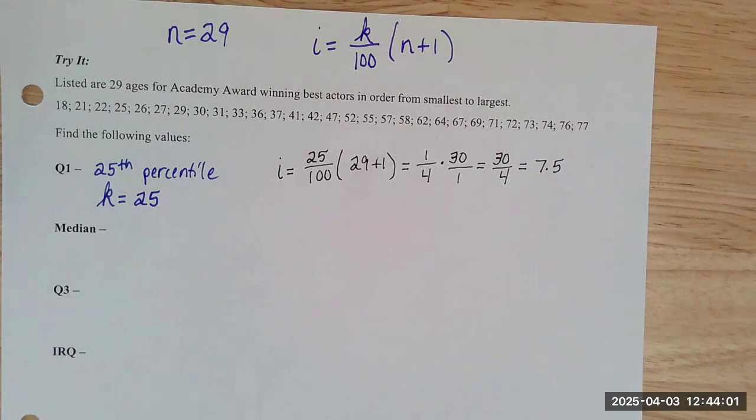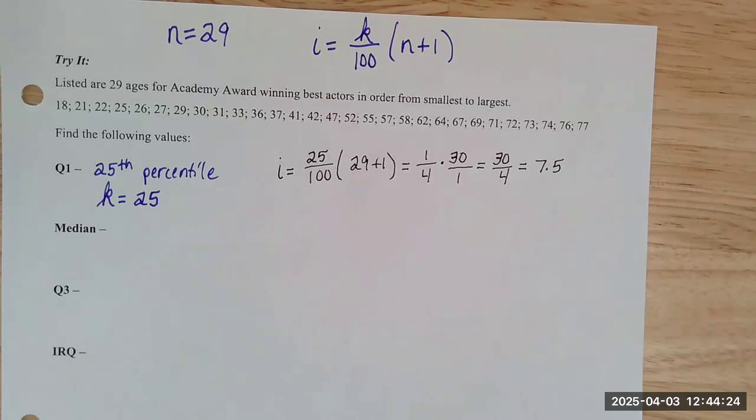We can't actually go to position 7.5, but we can find position 7 and we can find position 8. And what we'll do is add them up and divide by 2. We'll find the average of those positions. So position 7. 1, 2, 3, 4, 5, 6, 7. Number 29 on my list here, that's 7, which means 30 is 8.